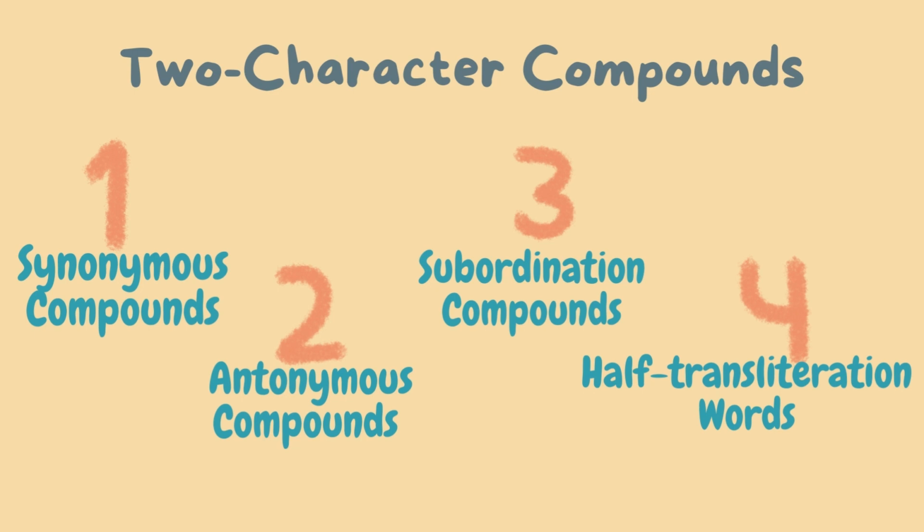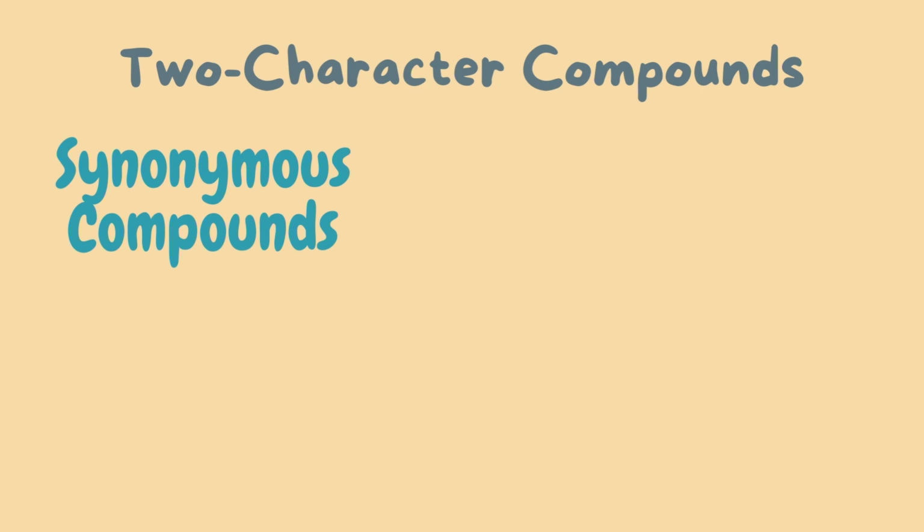Today, we discuss the first part of the topic, synonymous compounds. The following videos will explain the other 3 types. Before we get into the topic of synonymous compounds, you should know what they are. A synonymous compound, two characters in our discussion, is a word that has the same meaning as the two characters that make it up.